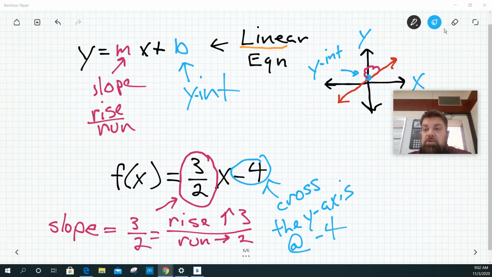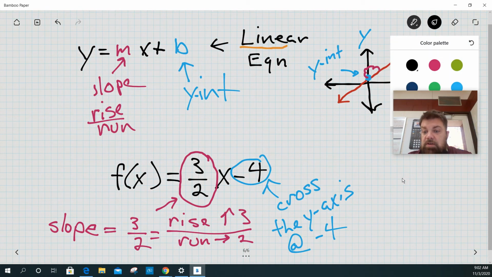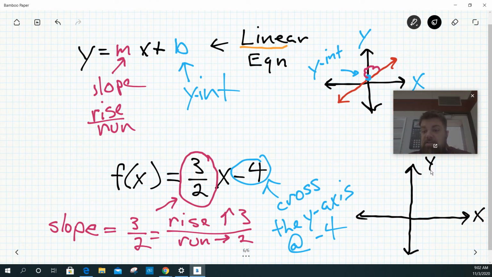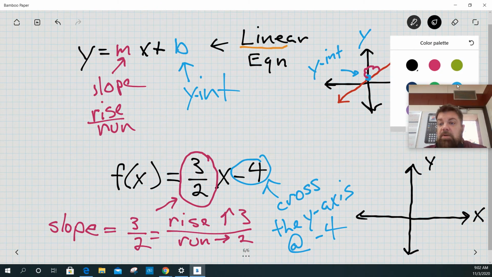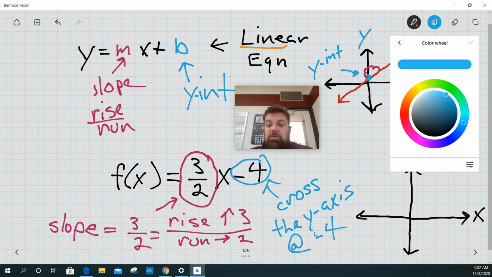So I'm going to move my picture over here. So now if I were to graph this, where this is the x-axis and this is the y-axis, then the first thing I'm going to do is label the y-intercept.